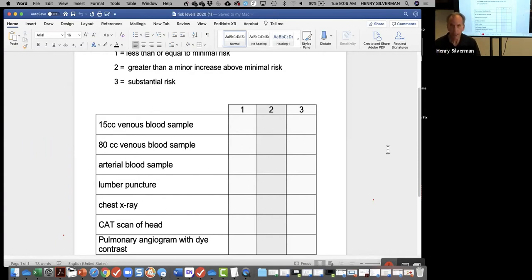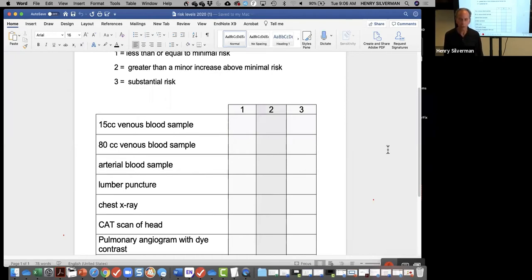Now, having said that, different countries define it somewhat differently, though the general agreement is that it's low risk. But how do you determine low risk?